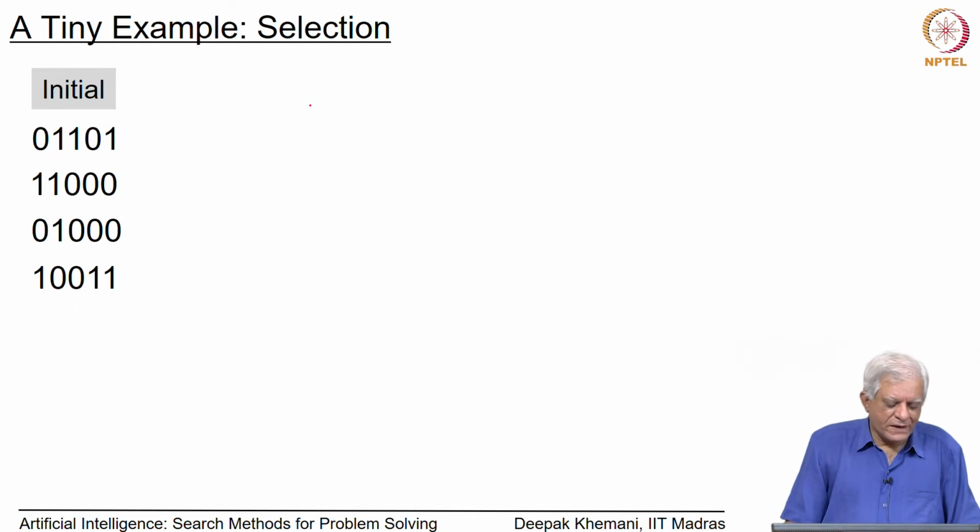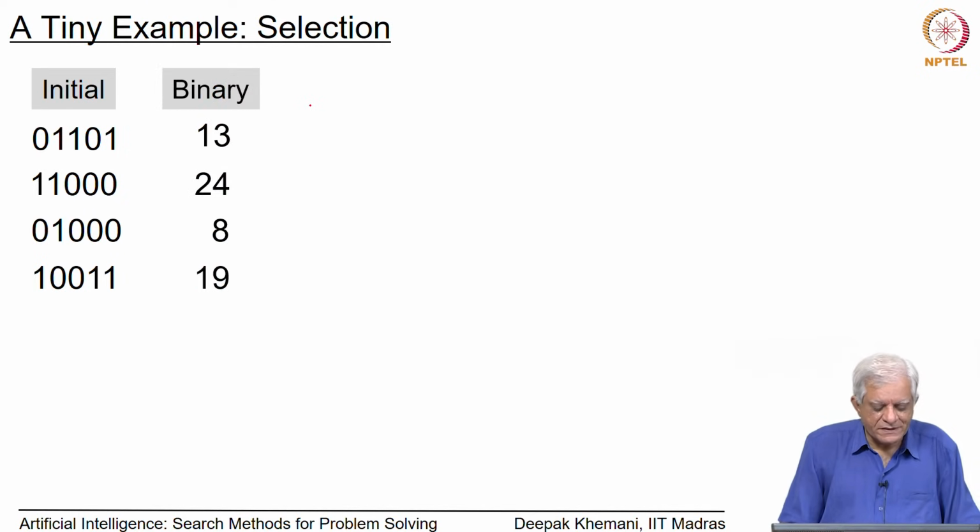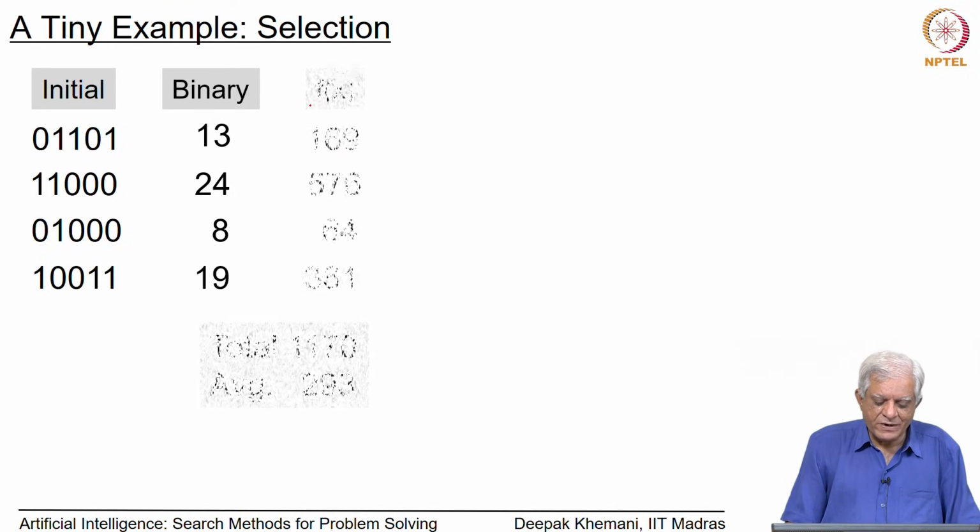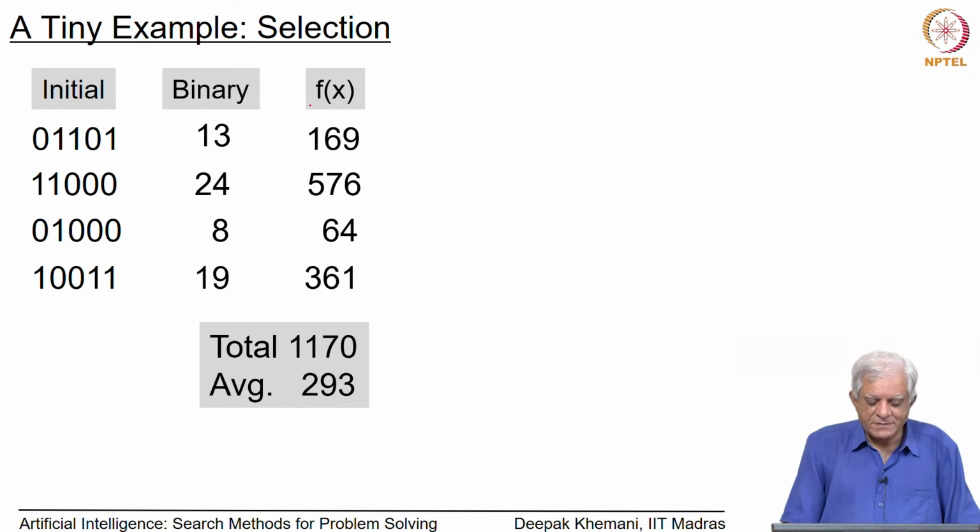Now, if you look at these candidates as binary numbers, then you can see that the numbers are 13, 24, 8 and 19. If you take the square of these numbers, which is what we have defined to be the fitness function, then we get 169, 576, 64 and 361. You can see that the total fitness of the population is 1170 and the average fitness is 293.